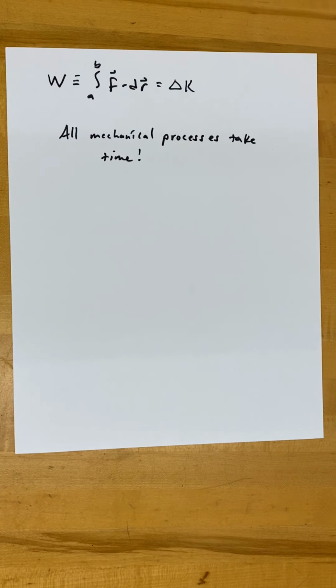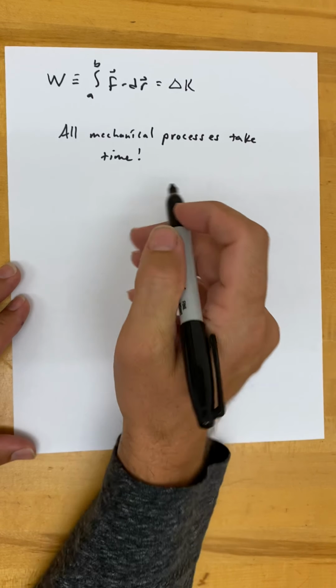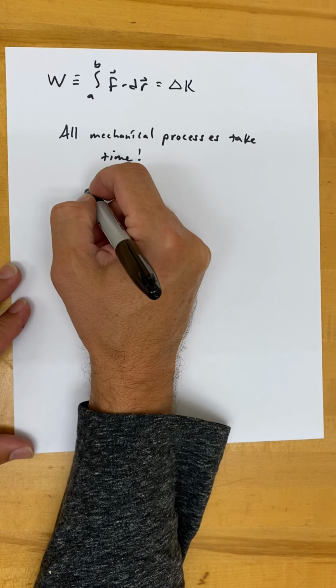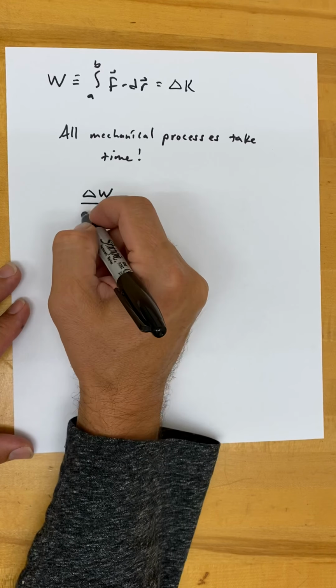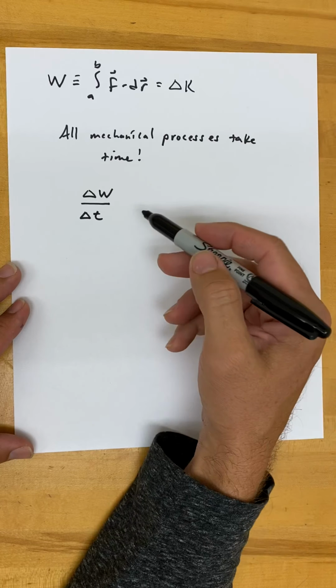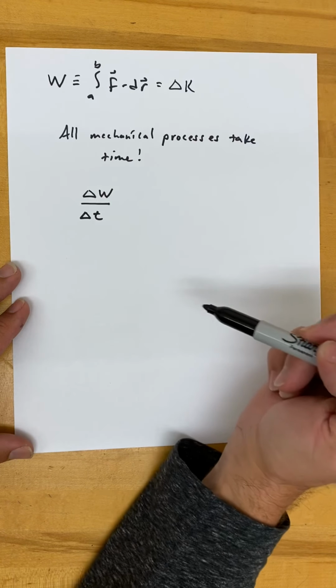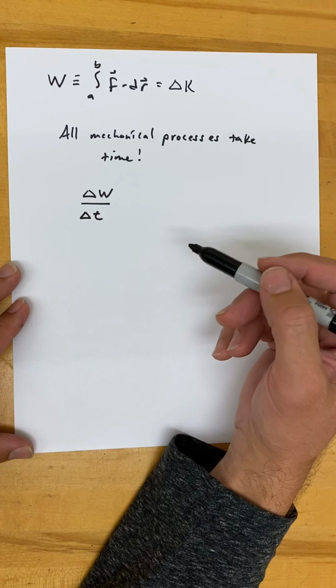So if we want to know something about the time it takes a process, the standard procedure is to take some sort of delta work over delta T. Sometimes you'll see this written as energy expended per unit time, right? Work has to involve an energy moving around.